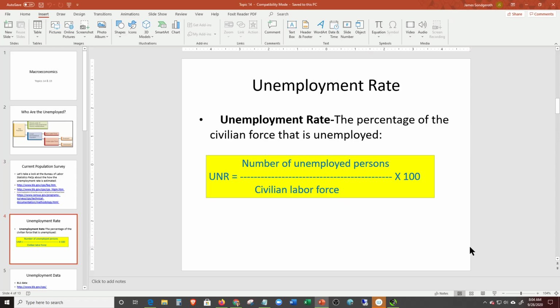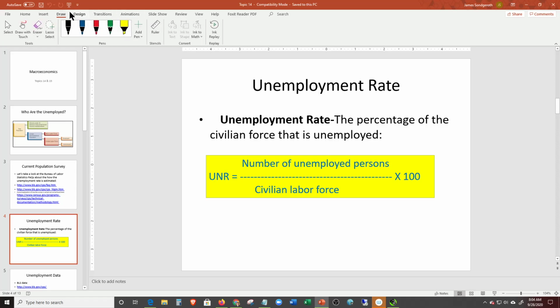Let's go take a look at the definition of the unemployment rate. It is a percentage of the civilian labor force that is unemployed. And this is important and often forgotten by students. This is not the population, but just the civilian labor force.